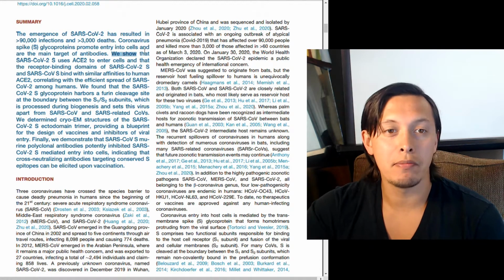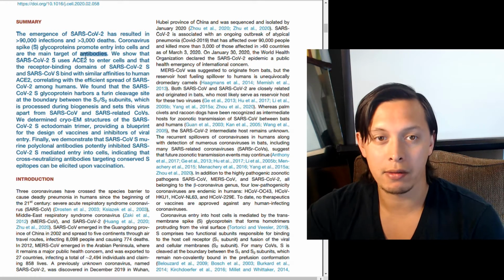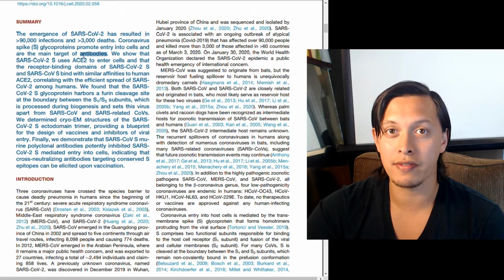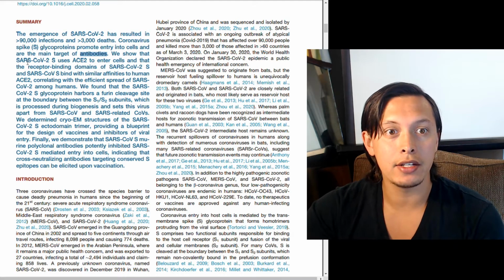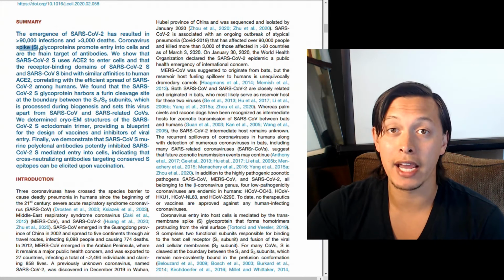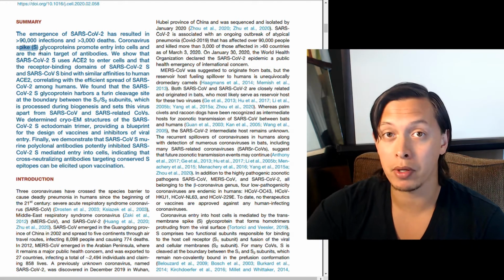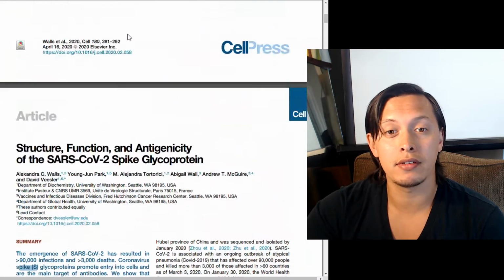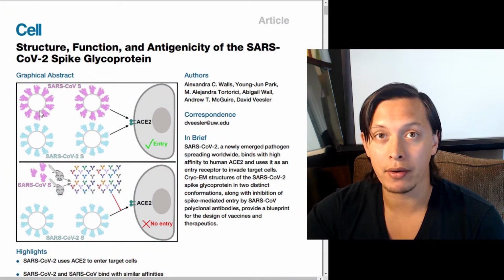They are the main target of antibodies. When we are producing antibodies for these viruses, very frequently it is these spike proteins that we are making antibodies against, because these are the most prominent proteins on the surfaces of the viruses.